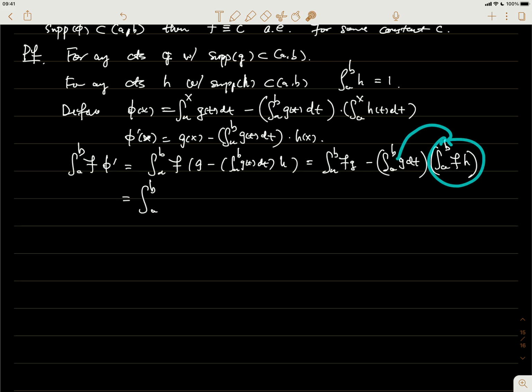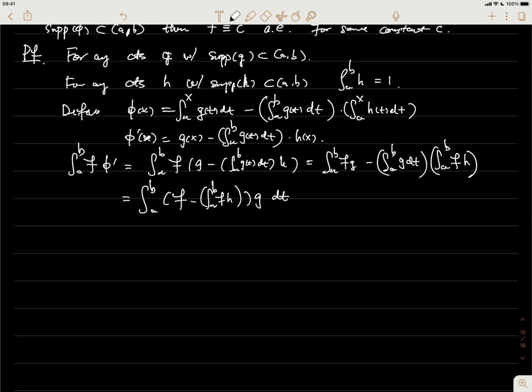I'm going to put this constant in front of g, and also have this f in front of g. So together, that would be just f minus this constant, the integral of fh, times g(t) dt.